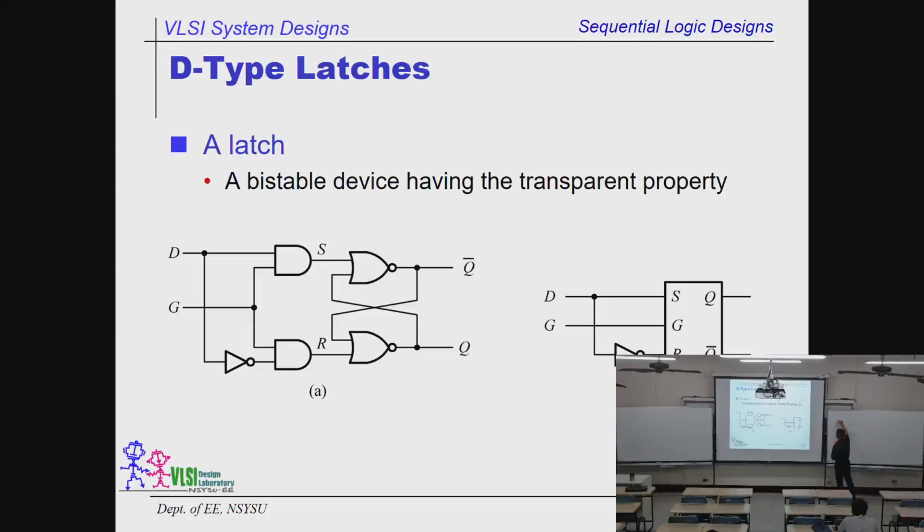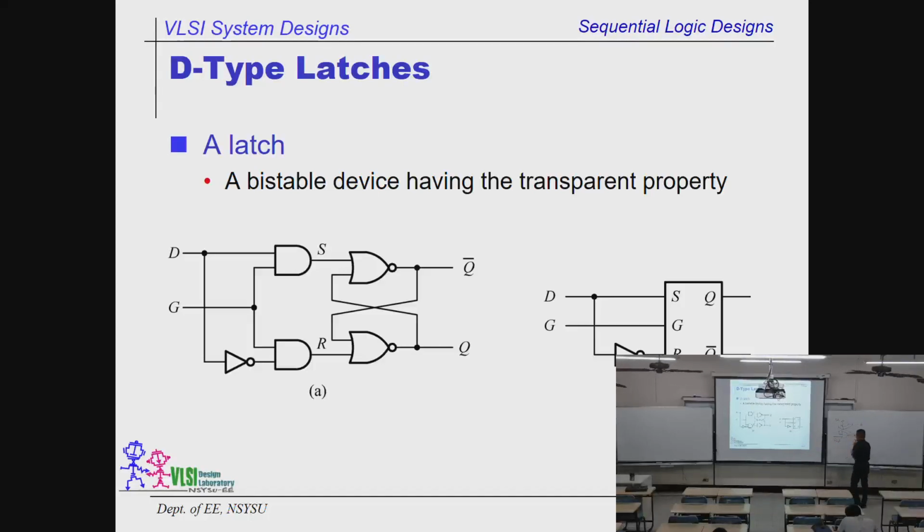This is called set, and R stands for reset. This is Q and Q bar. What happens here if both of them are 0? Let's assume this is the original condition, the initial state. Let me use a different color, a green one, so that you can understand what is going on.